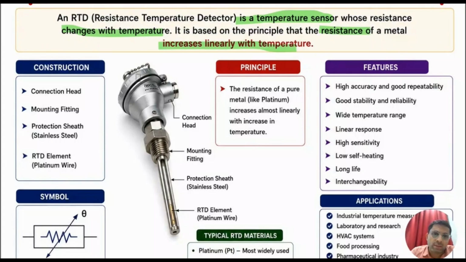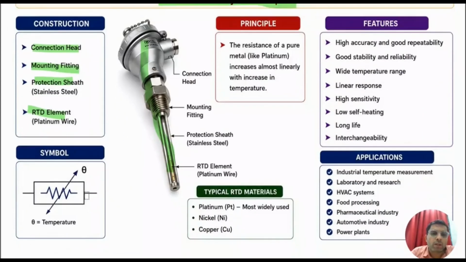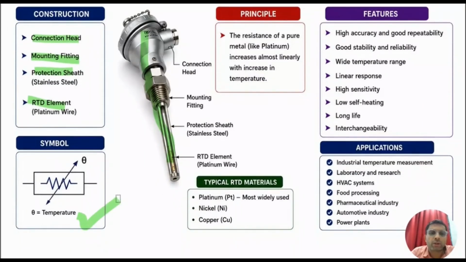Now if you go to the market to buy an RTD, you will get this kind of device. This diagram is also for understanding purpose. There are four things in the construction of RTD: connection head, mounting fitting, protection shield, and the RTD element. This symbol is very important, you need to draw it in the examination.